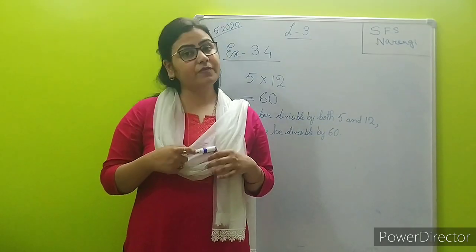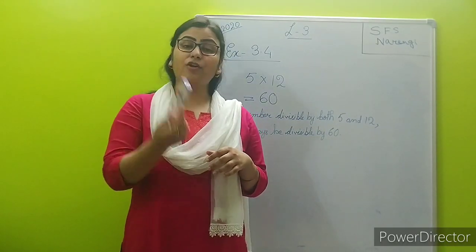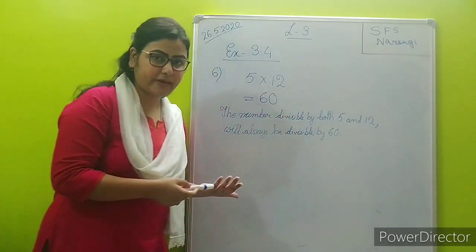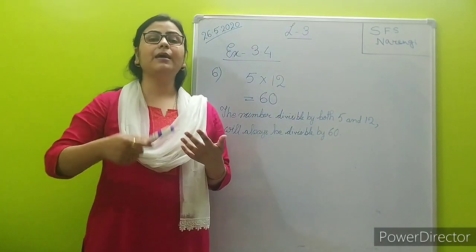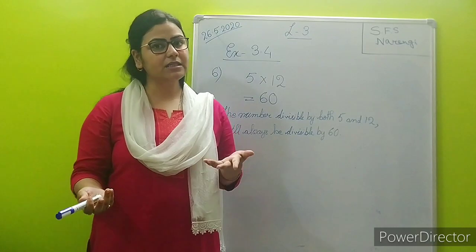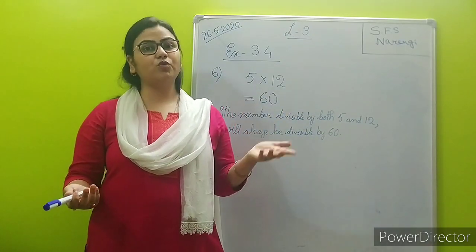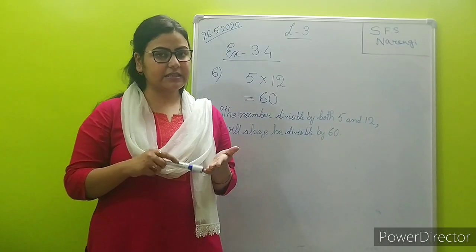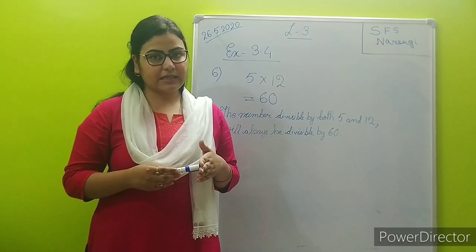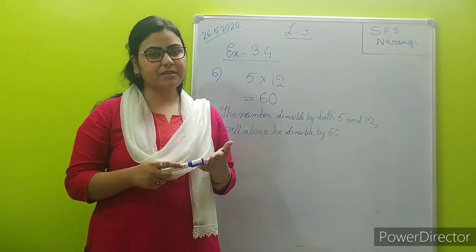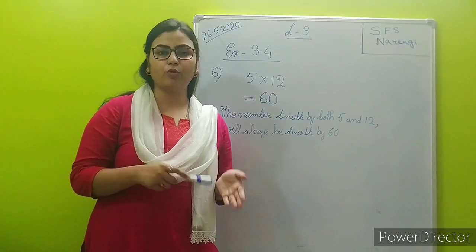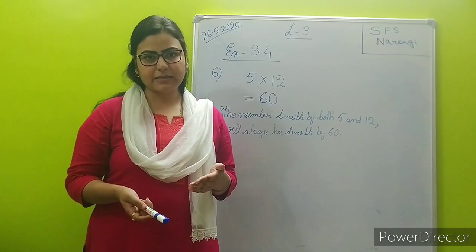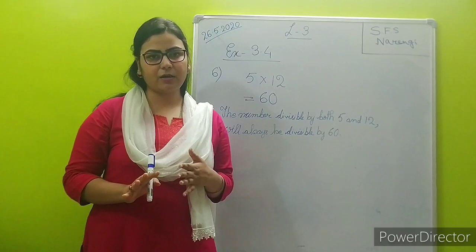And 60 is also divisible by 12. And obviously 60 will be divisible by 60, right? And any number has to be more than that to be divisible by 5 and 12 both, because there are no numbers less than 60. Just now we saw there are no numbers less than 60 which is divisible by both 5 and 12. Yes, I hope I am making myself clear.